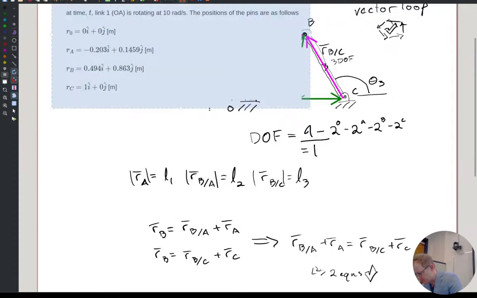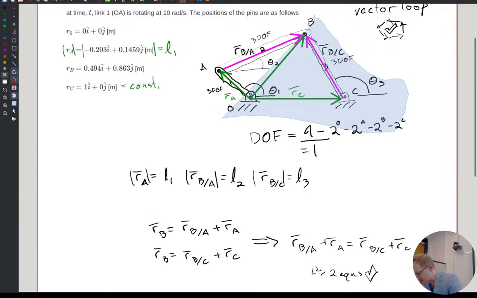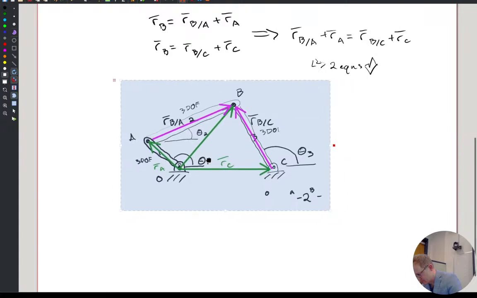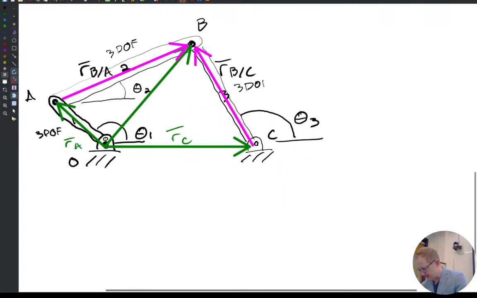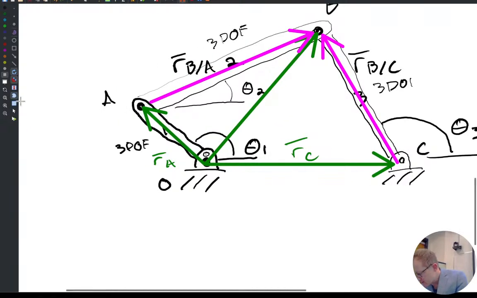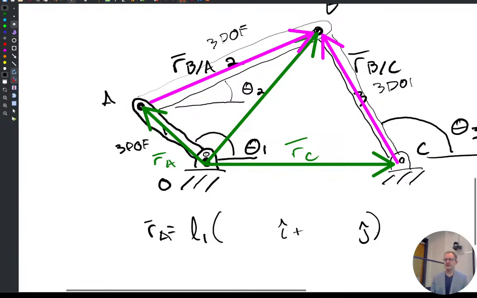And now I'm going to copy this down. Zoom all the way into... I know RA has to be L1. Its magnitude is L1.